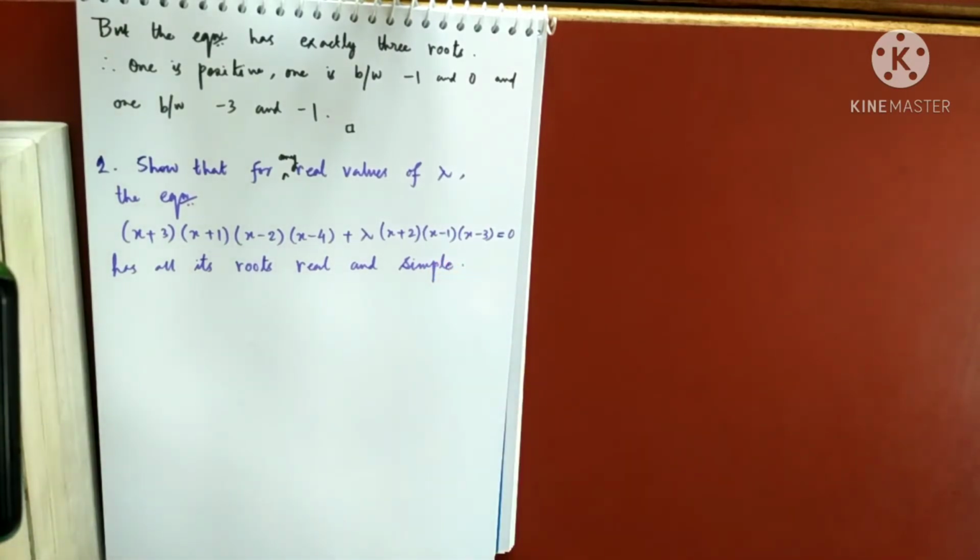Simple means they are not a multiple, they are not repeated. All of the roots are repeating exactly once. Now firstly you tell me what is the degree of this polynomial or this equation.